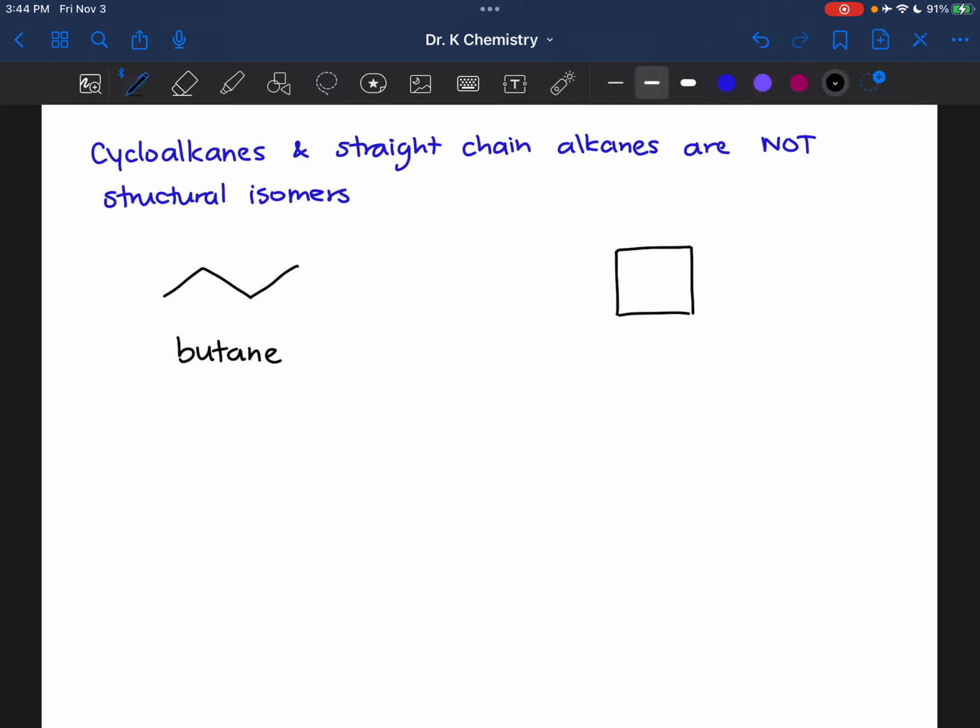This is cyclobutane, so still 4 carbons, but now they're all connected to each other. I'm going to start by expanding these out. So I see that there are 4 carbons connected in a chain, and then I'm going to fill these in with hydrogens. Note that this carbon only has 1 bond right now, which means it needs 3 more bonds to fulfill its octet, and I'm going to fill those in with hydrogens.